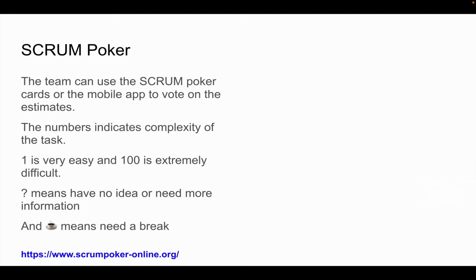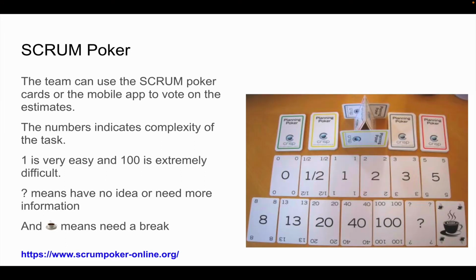So the team will define how difficult a certain task is based on the number that they play out in their estimation game. So Scrum Poker is a tool that is used to estimate these tasks, and you have the numbers from 0 to 100 given in this range that is shown in this picture.